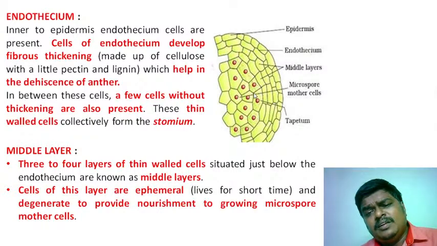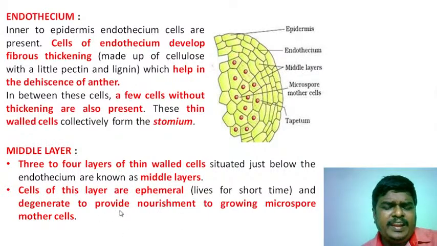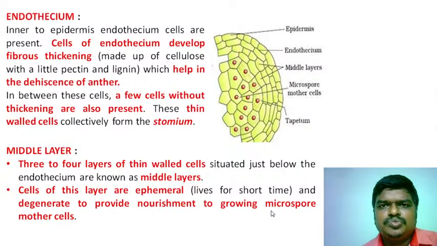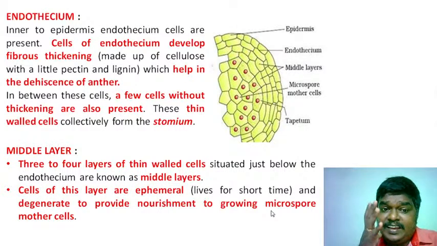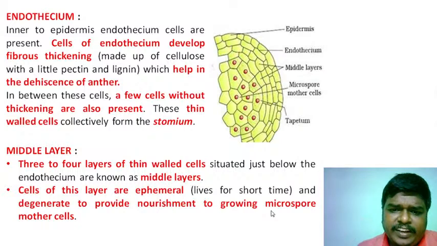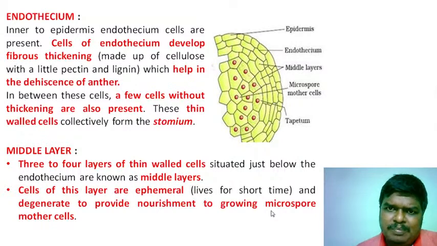Now the functions of the middle layers. Mainly, they provide nourishment to the growing microspore mother cells. These middle layers live for a short time. They are ephemeral. They provide nourishment to the microspore mother cells.